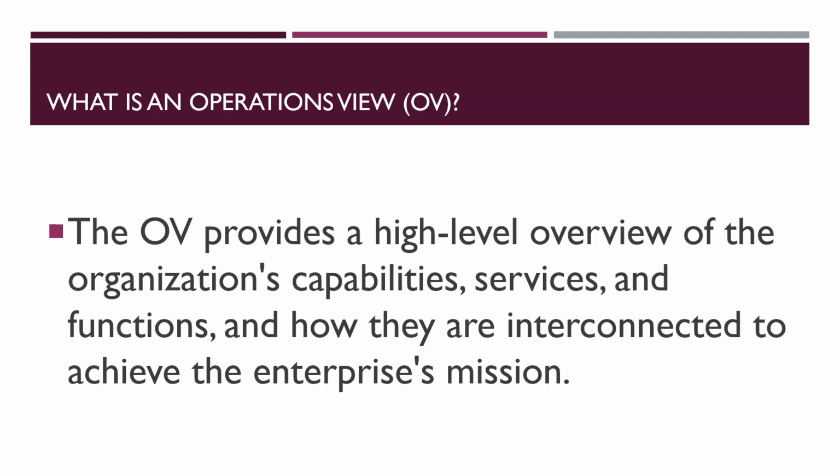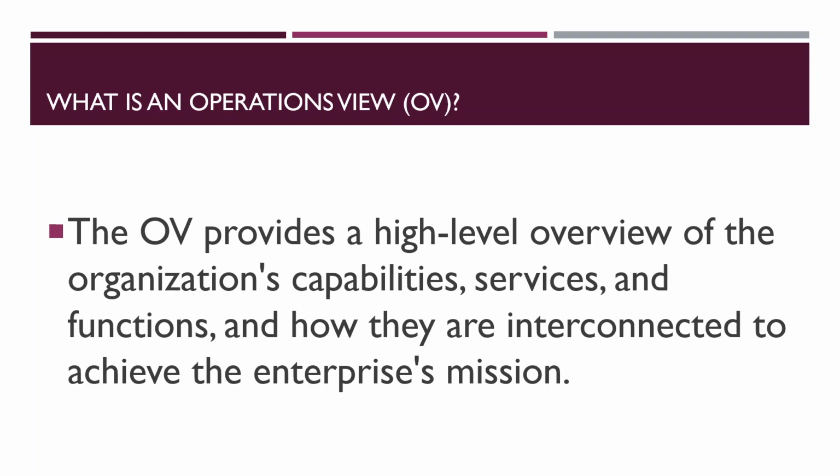So it's one of those things that if there's a node, or if there are objects, people, places, or things, those things have to be depicted and abstracted at a very high level. What is different about an OV, operations views, from other views in the DODAF architecture is that op views have an unusually high level of abstraction.